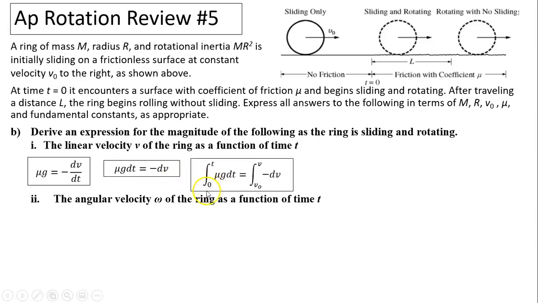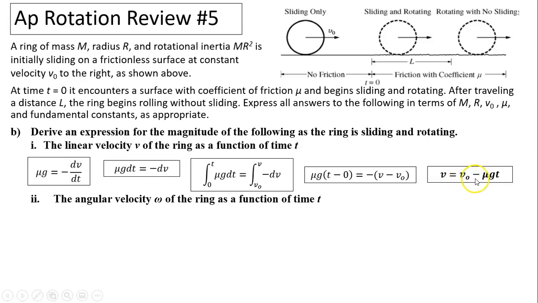Then integrate, with t from 0 to t and v from v0 to v. Mu g is constant, so factor it out. On the left side you have mu g t minus 0, and on the right side, factoring the negative out, it becomes v minus v0. Rearranging, v equals v0 minus mu g t. This is v as a function of t.